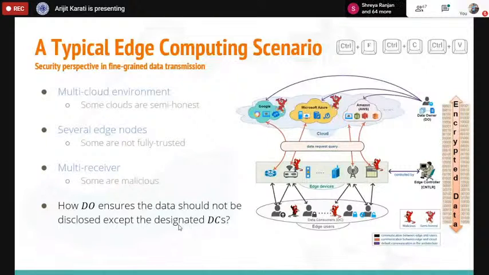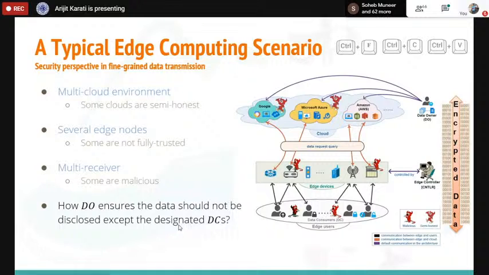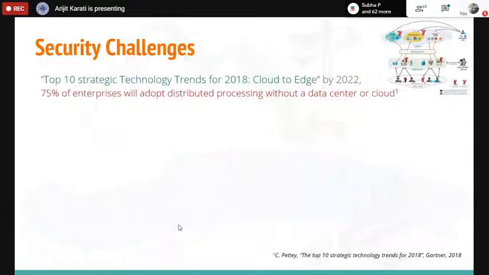So what are the security requirements in these kinds of edge computing scenarios? What scenario have we discussed? We have discussed there are many clouds, many edge nodes, many communication protocols, and many users. So in this particular part, what are the security requirements? Some of the security requirements are very common and known to you, but still I am discussing them.